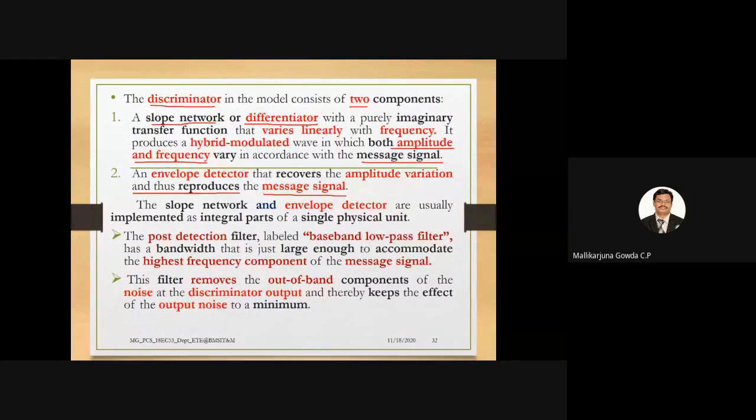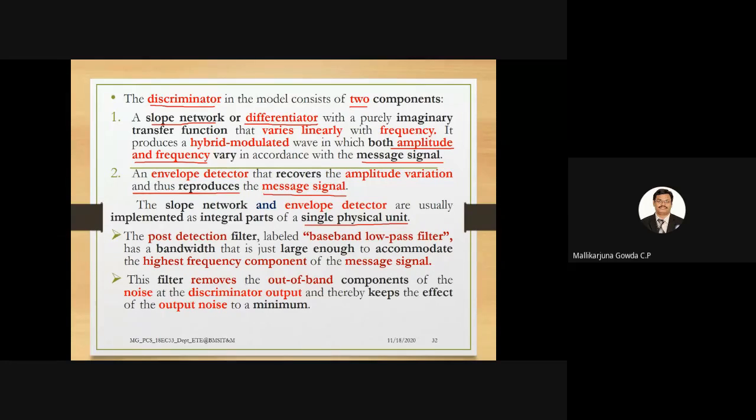Both the slope network and the envelope detector are integrated as a single physical unit. So in a nutshell, we just say discriminator. The discriminator circuit has these two components: the slope network or differentiator, and the envelope detector.